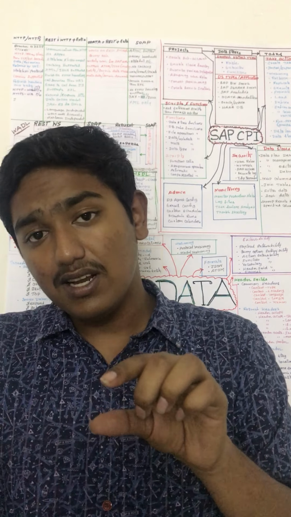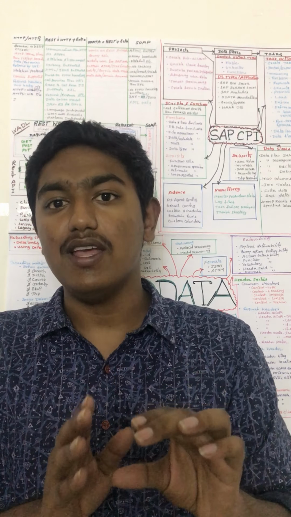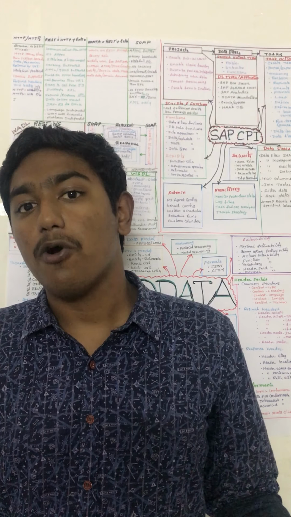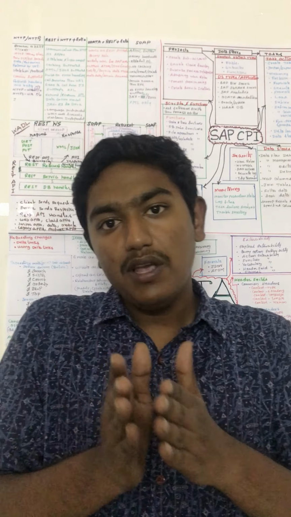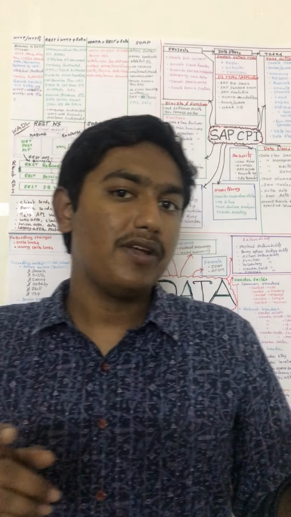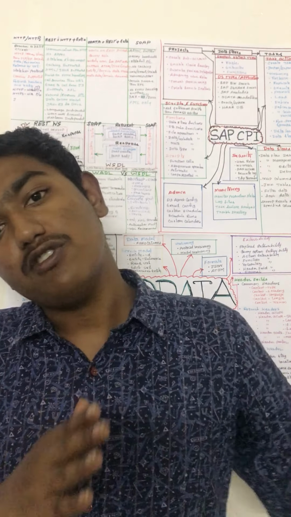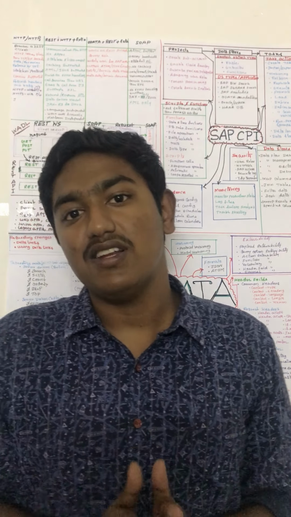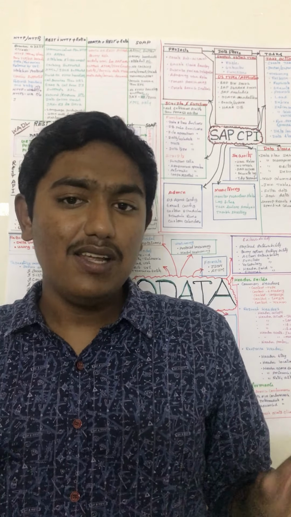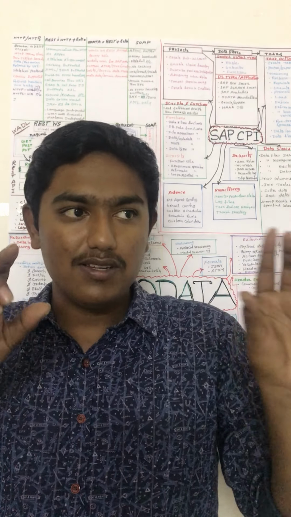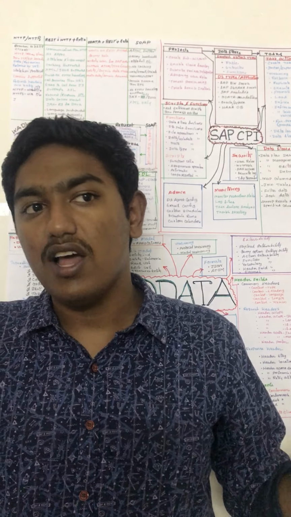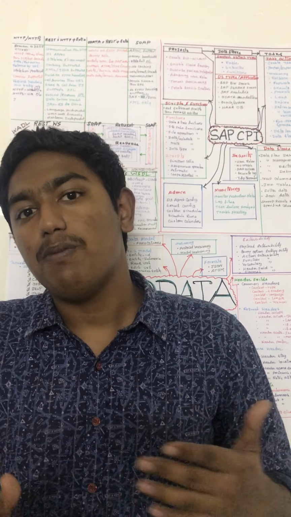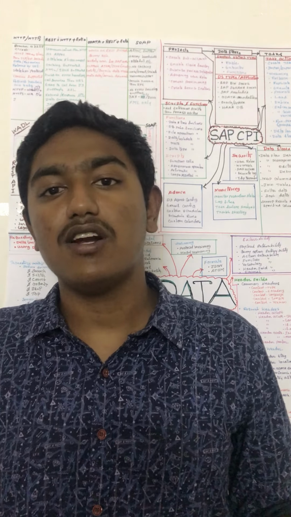When the information comes from S4HANA to CPI, there you will use iDocs, which are intermediate documents. And when the information goes from CPI to CPQ, there you will use REST, representational state transfer. So generally these are the frameworks between CPQ, CPI and S4HANA: SOAP APIs, cloud connectors, iDocs and REST architecture.